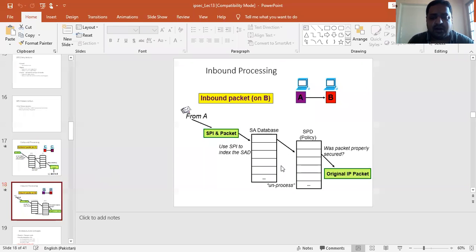For example, in this structure, there's inbound data, meaning the data inside the network, that is sent to another system. We define different policies and different rules for that.